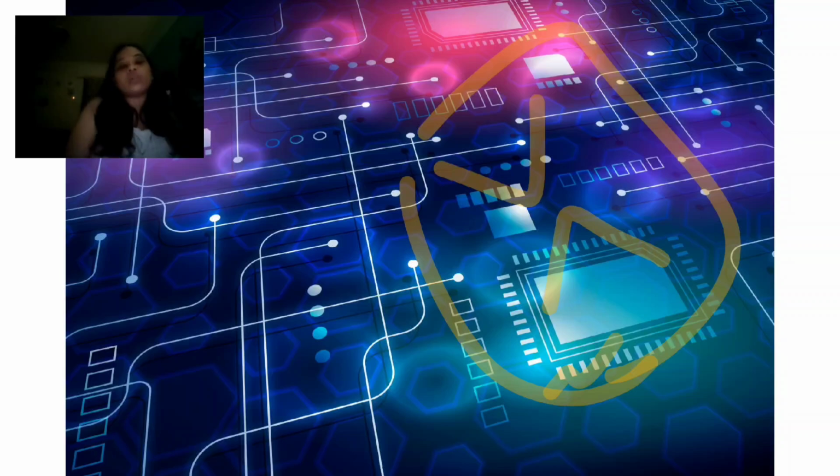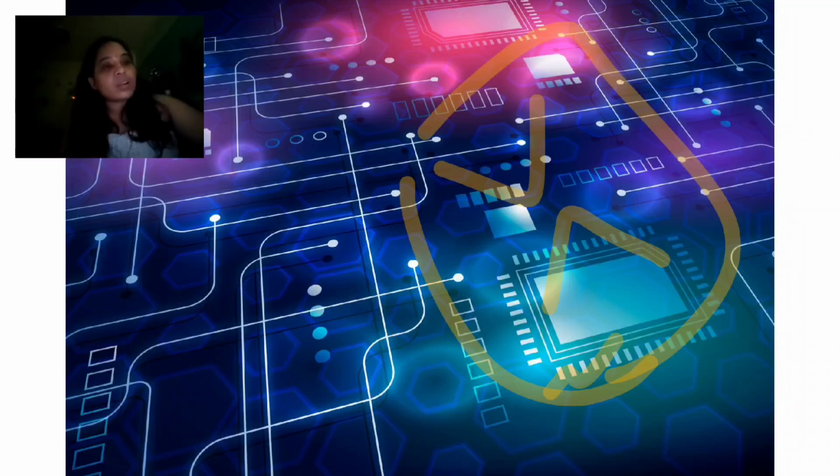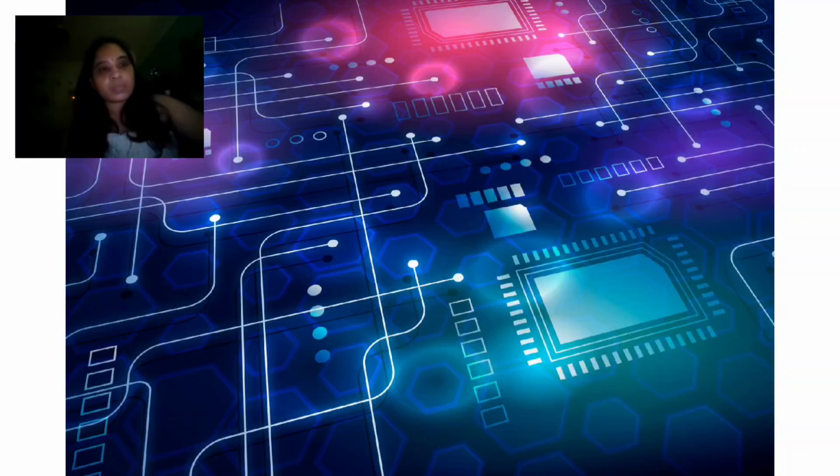So these are called Boolean algebra. This digital circuit is made from these components, and without these components we can't work in our system. So the digital circuit board is the backbone of digital electronic devices.